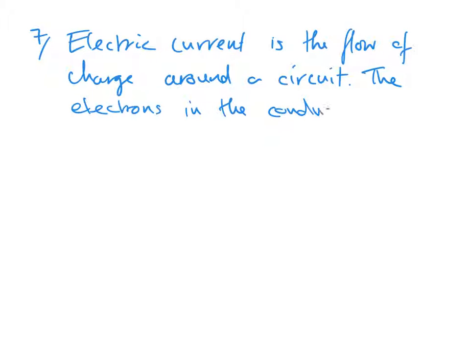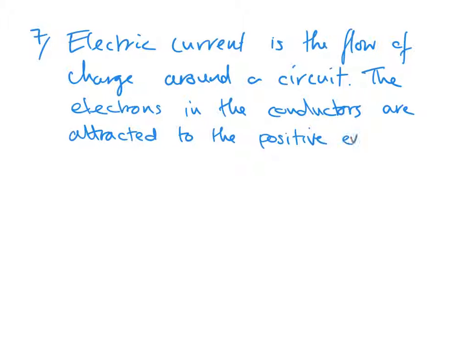The electrons in the conductors are attracted to the positive end of the battery and pushed away by the negative.